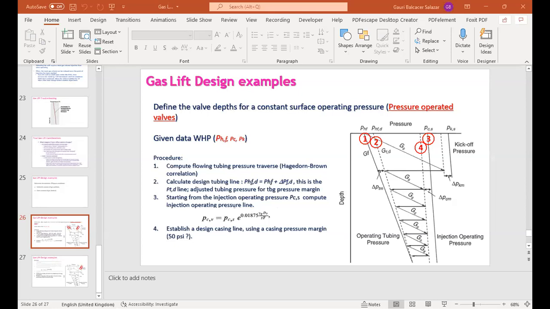The gas lift ratio is 300 standard cubic feet per barrel, and the gradient is based on the specific gradient of this particular fluid.